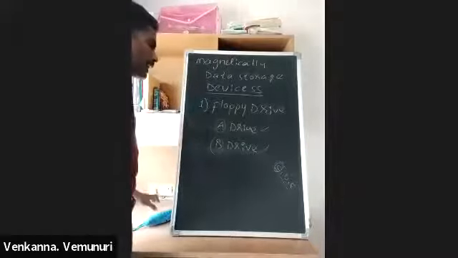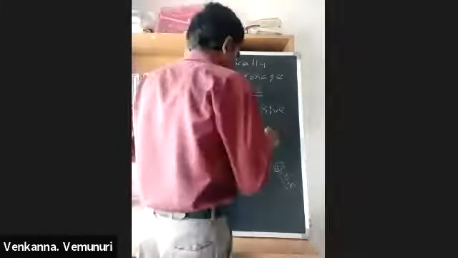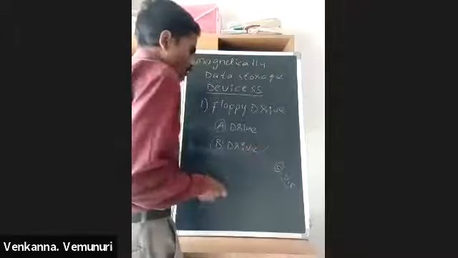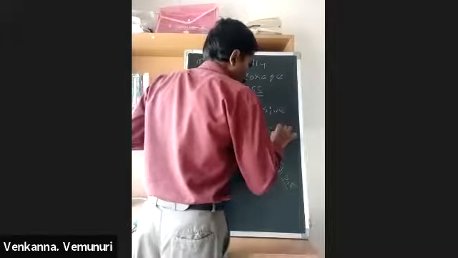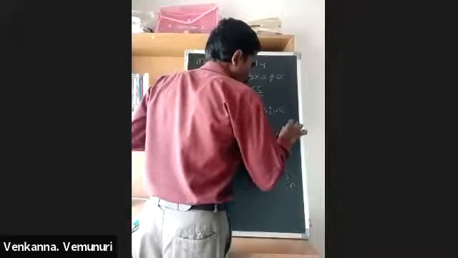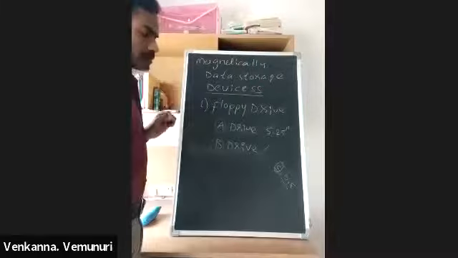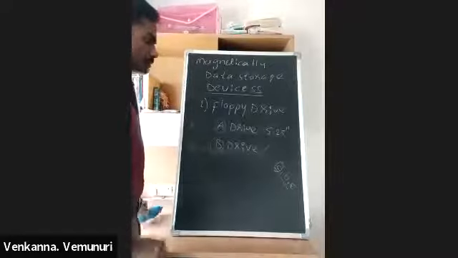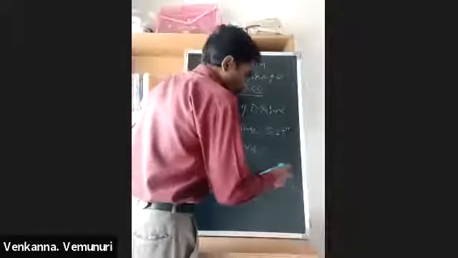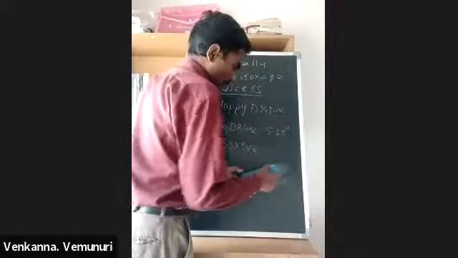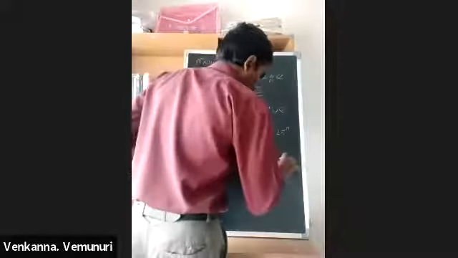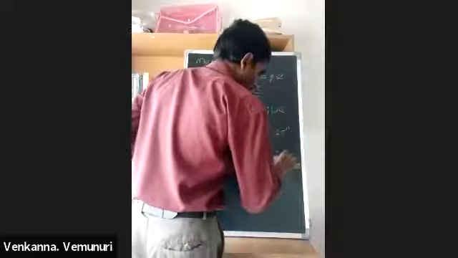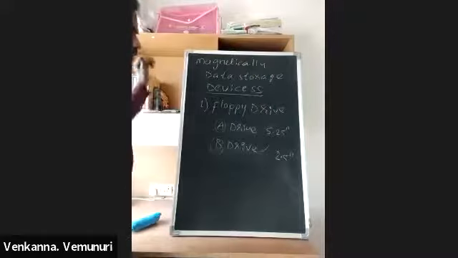In the floppy A drive, we use a 5.25 inch floppy disk. In the B drive, we use a 3.5 inch floppy disk.